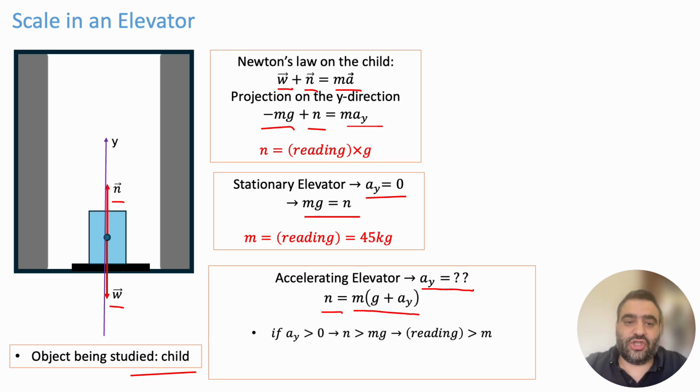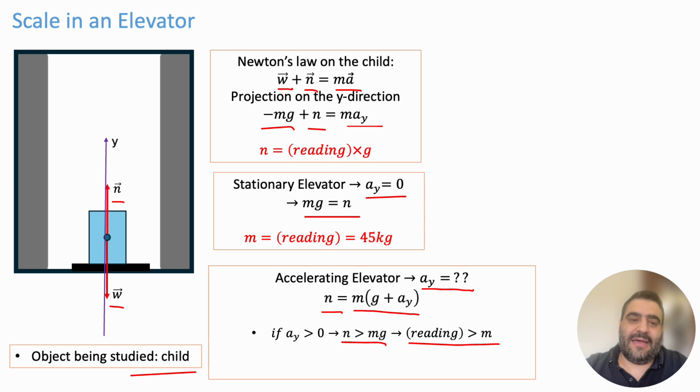If the child and the elevator are accelerating upward, so the acceleration is positive, then n is going to be larger than mg. So the normal force is going to be larger than the weight. So that would provide the upward acceleration. So the floor is going to start moving up and it pushes the child with it. So in this case, the reading is going to be larger than m.